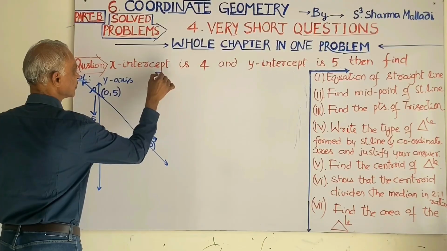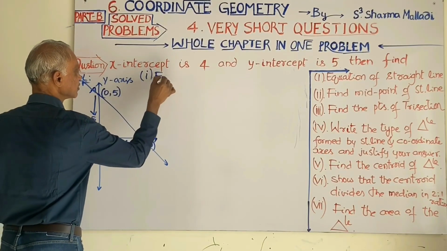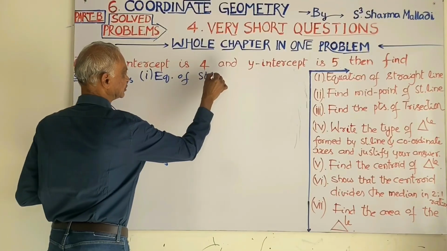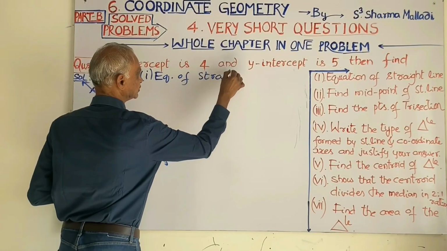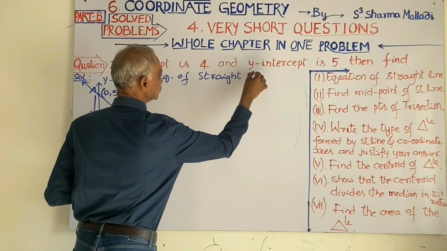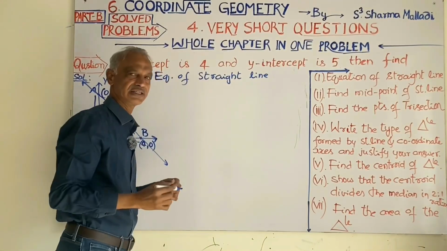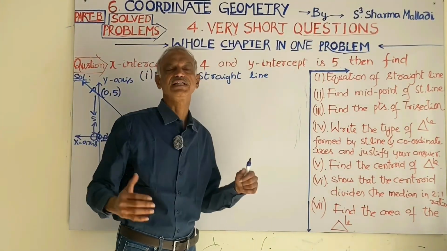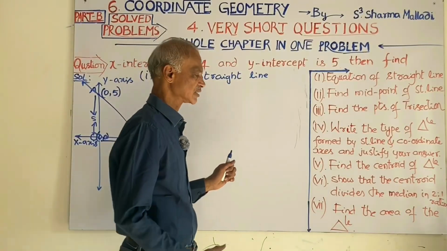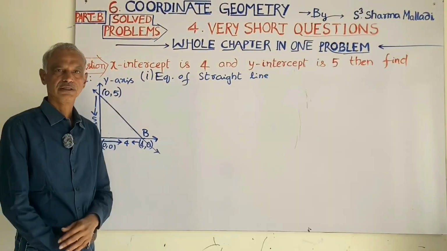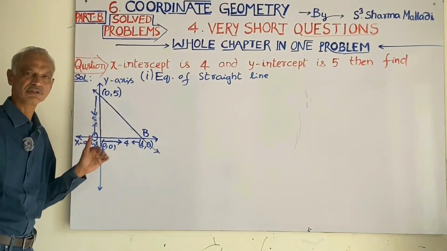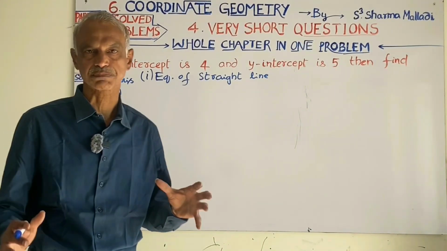Now we have to find the equation of the straight line. Equation of the straight line will be in the form of y is equal to mx plus c.